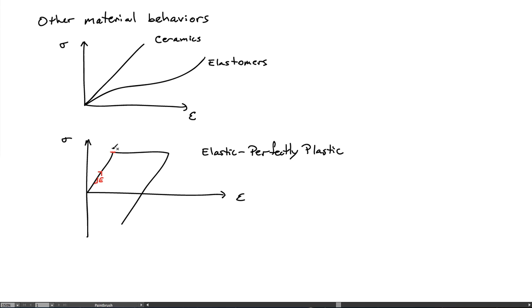So as you continue to strain the material, the stresses don't change. And this is known as the yield point. But if you reverse the direction of the strain, then you have what's known as elastic unloading. So you have this very complicated type of behavior of the system.